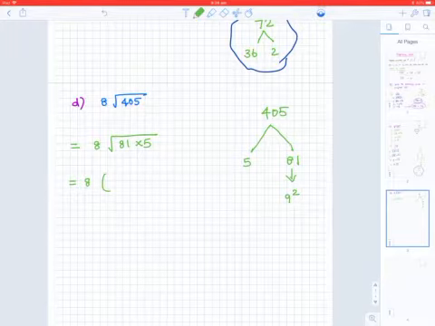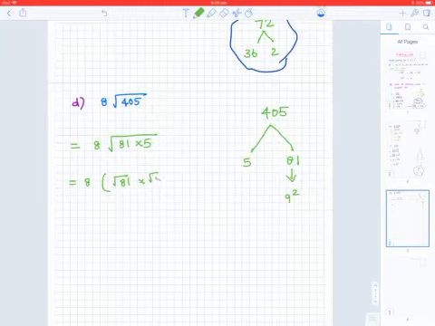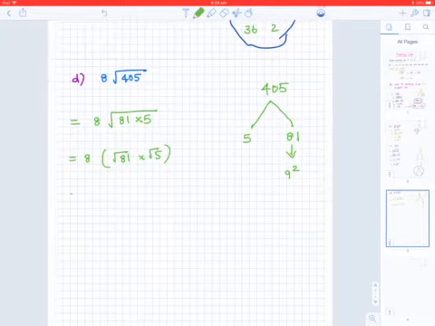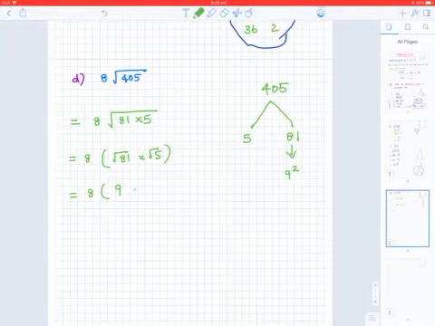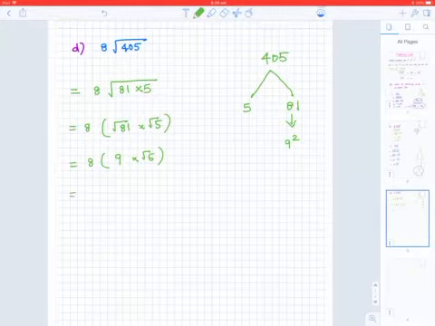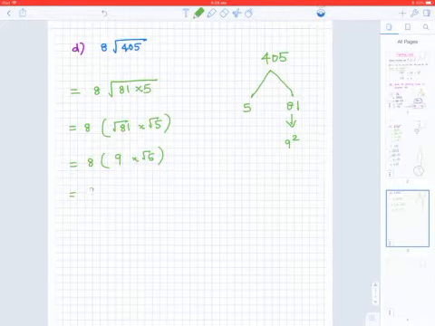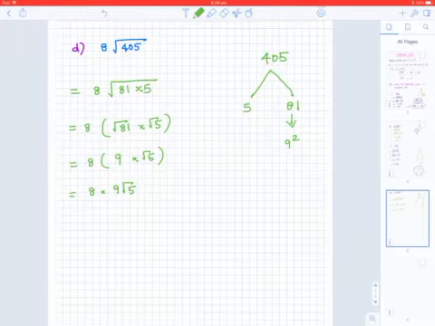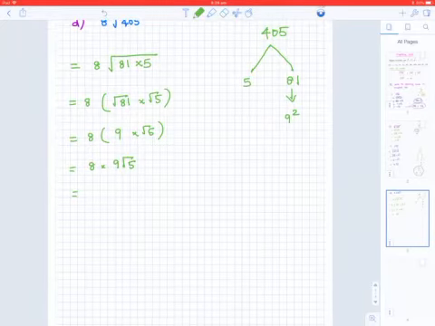Okay, now the next line, the 8 is still there. I'm going to use brackets because it involves two numbers, 81 times root 5. Now next line, 8 times root of 81 is 9 times root 5. So this is actually a times hidden here, so it's 8 times 9 root 5.